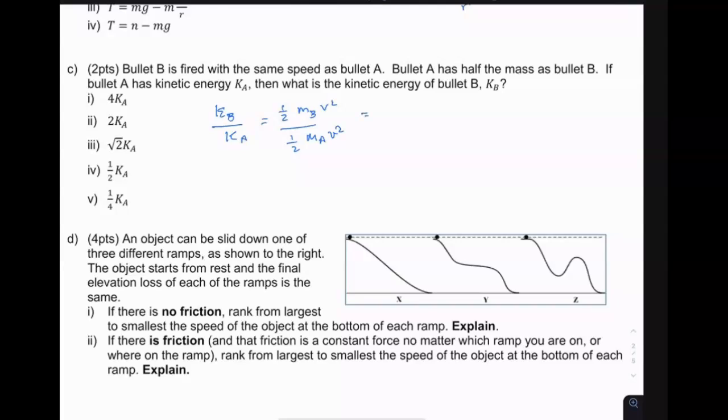Which I could rewrite as 1/2 m sub B v squared over 1/2 times m sub B over 2 v squared. Since the mass of bullet A is half that of bullet B, this is equal to 2, which means that K sub B is equal to 2 times K sub A.